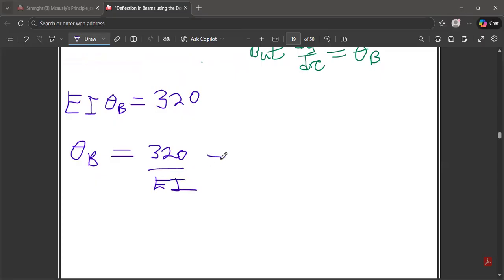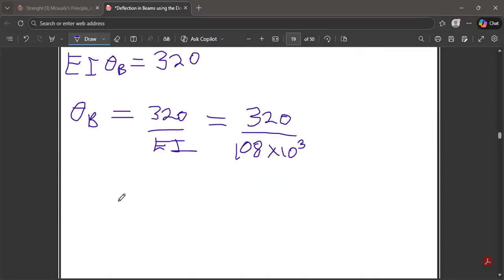I believe we all know the value of the EI. So what is the value of the EI? 108 times 10 exponent 3. So 320 divided by 108 times 10 exponent 3 is the same thing, but in this case, in a different direction. Okay, it is showing that the beam is going to be displaced in a different direction.